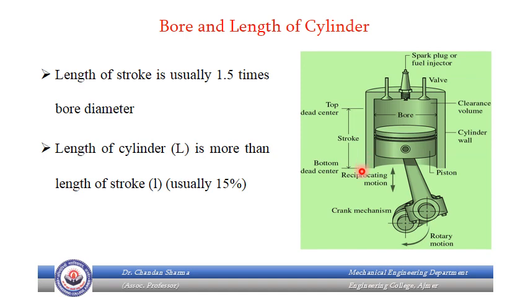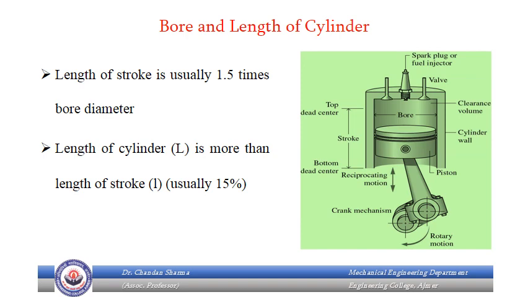Length of cylinder is usually 15% more than the length of stroke. So from cylinder bore and L by D ratio, we can find length of stroke, and increasing it by 15% gives us length of cylinder. So by this time, we are able to find the bore and the length of cylinder.